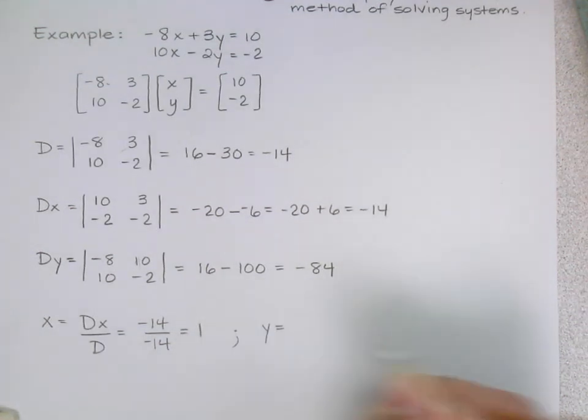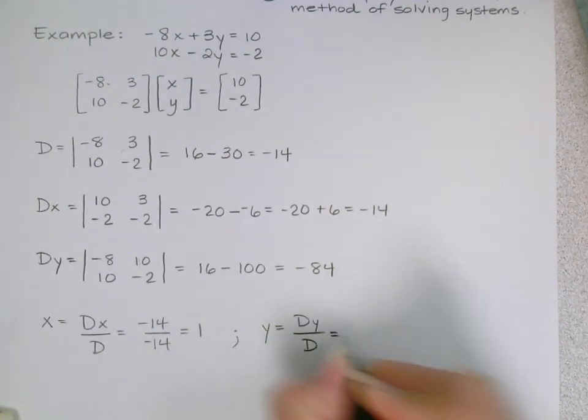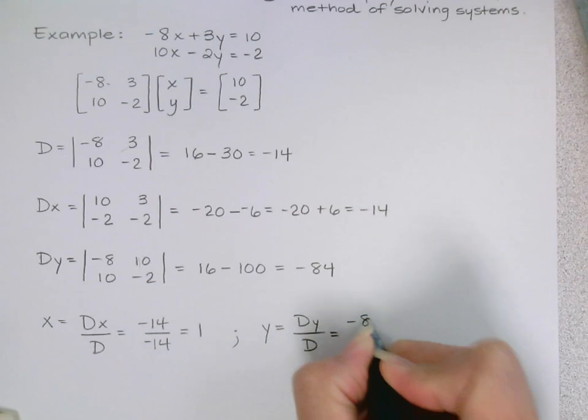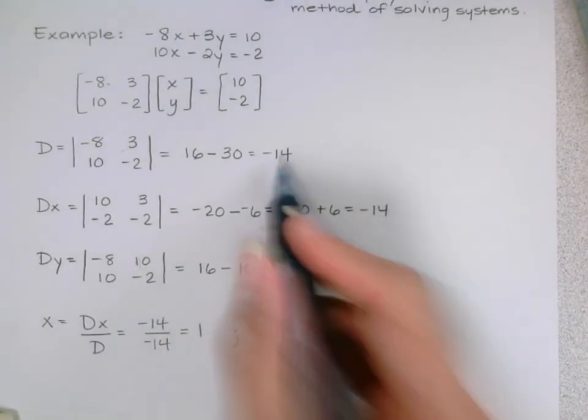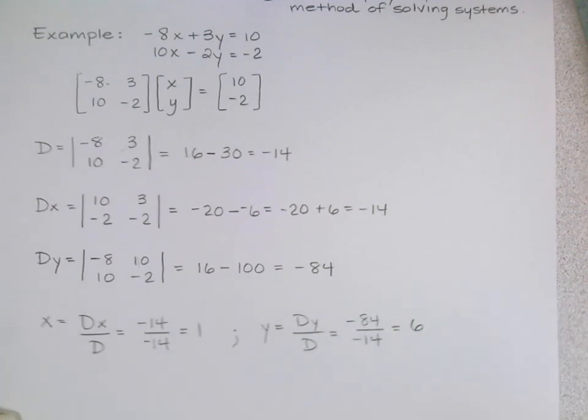It's the same thing for y. D sub y over D, the negative 84 over negative 14, and positive 6.